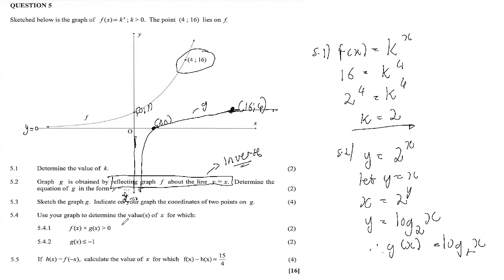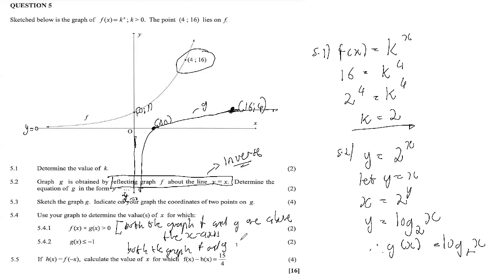So we're going to say this means that we either need where both the graph of f and g are above the x-axis, or where both the graph f and g is below the x-axis.